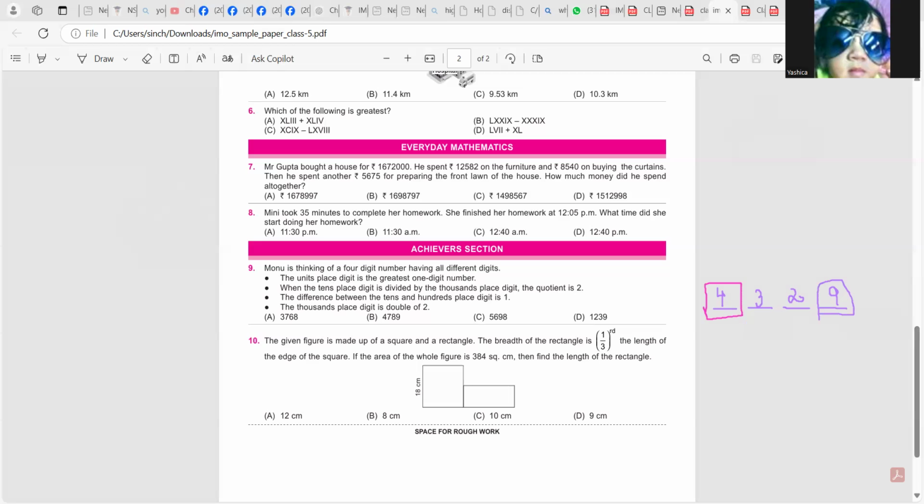Now as we know the thousands place digit, we can make up the tens place digit with the thousands place. When the tens place digit is divided by the thousands place digit, the quotient is 2. Okay. Wait, when the tens place digit is divided by the thousand place digit, the quotient is 2.